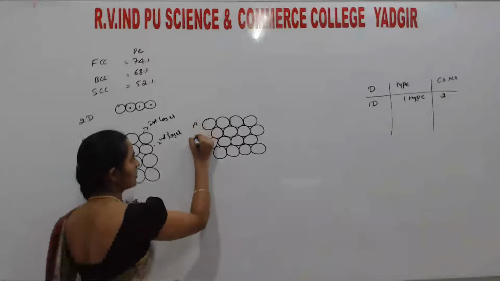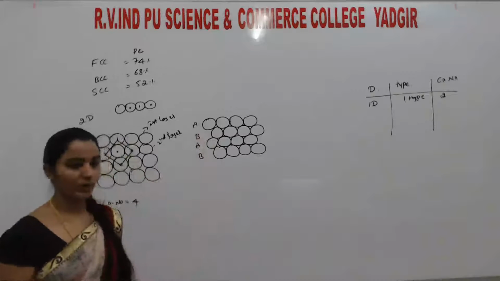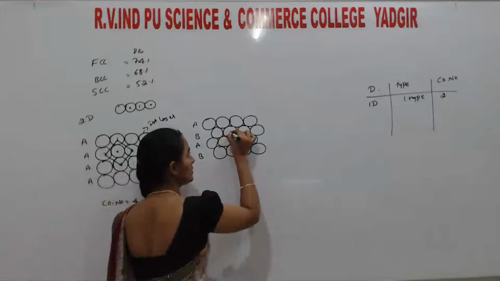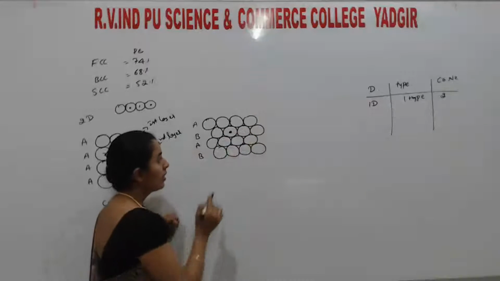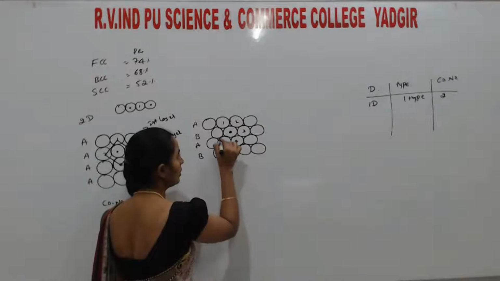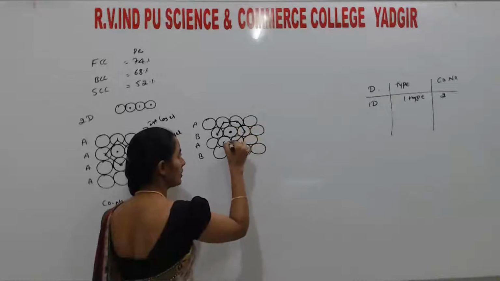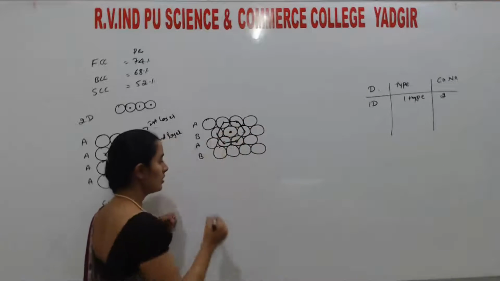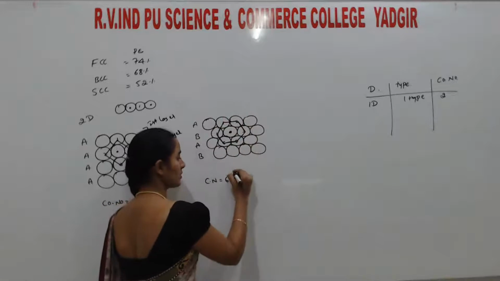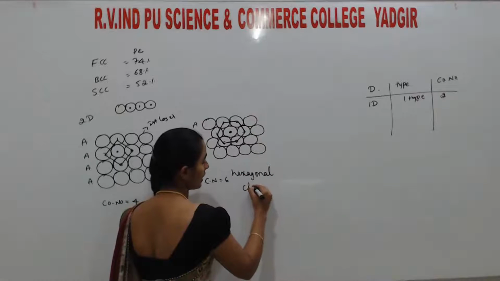Here it is A, this is B, this is A, B. A B type arrangement. If you consider this sphere, here also it is touching, here also, here, and here. If you join the centers, 6 spheres are touching. So coordination number is 6. And the shape of this is hexagonal. This is hexagonal close packing.